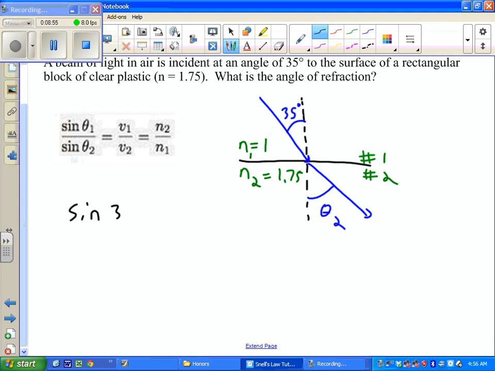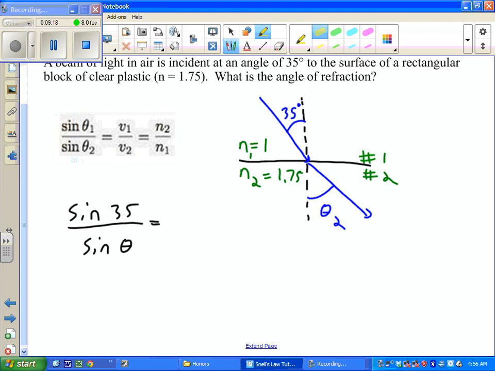So we have sine of 35 over sine of theta equals, and this is one tricky part. You'll see we have sine theta 1 equals V1 equals N2. So there's a 1 on the top, a 1 on the top, and then a 2 on the top. So don't get confused with that.